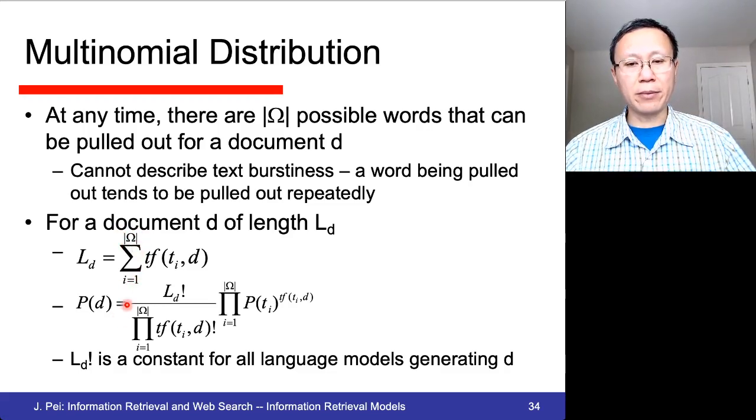And then the probability of this D can be computed in this way, where the factorial of L_D is a constant for all language models generating this D. Here, because we get D, in this document D we can get the frequency for each term. Therefore, the sum of the term frequencies in this document will produce the length of the document.